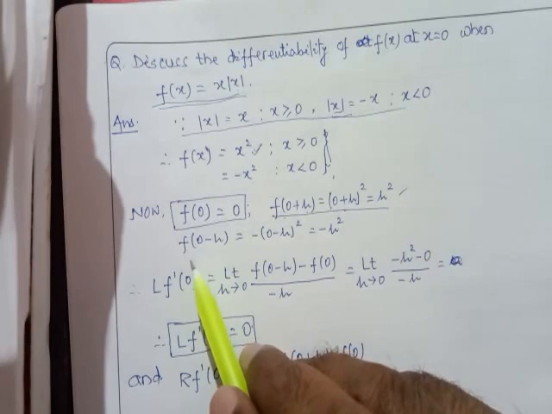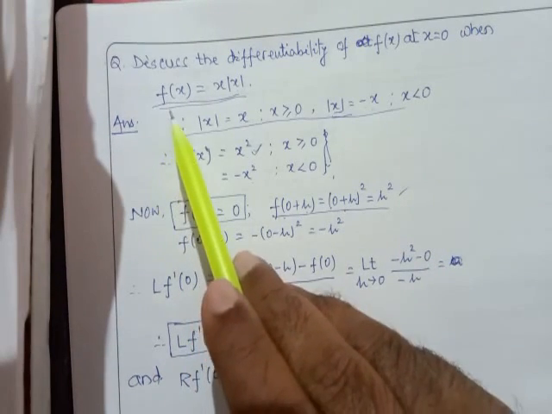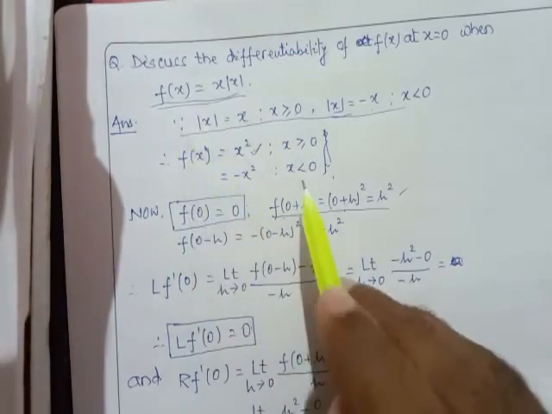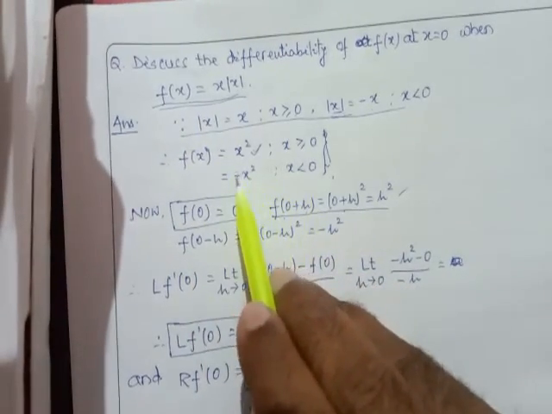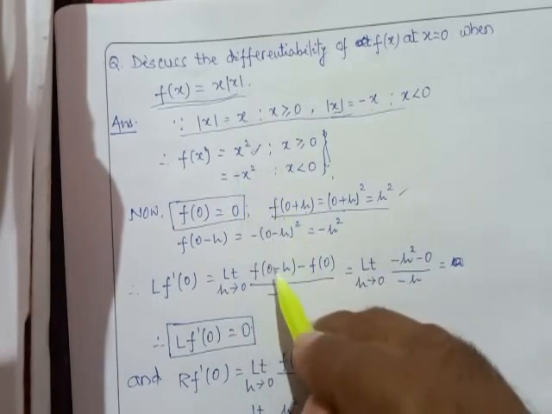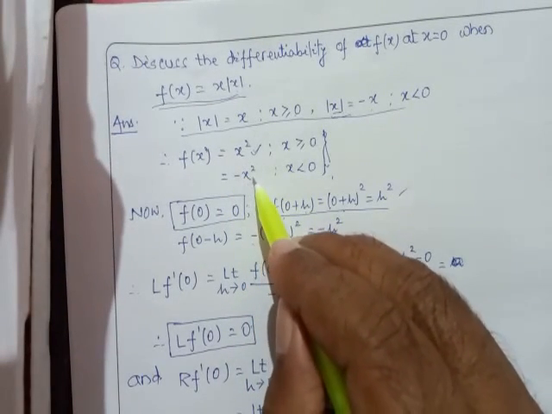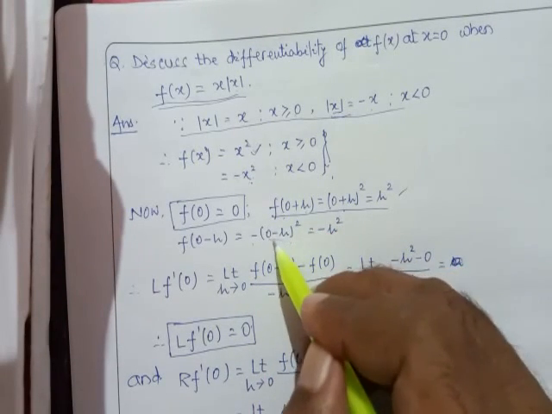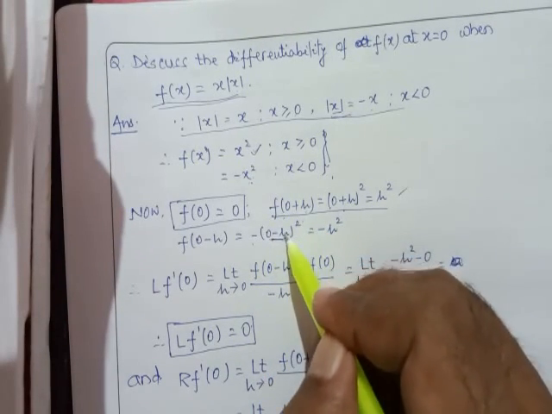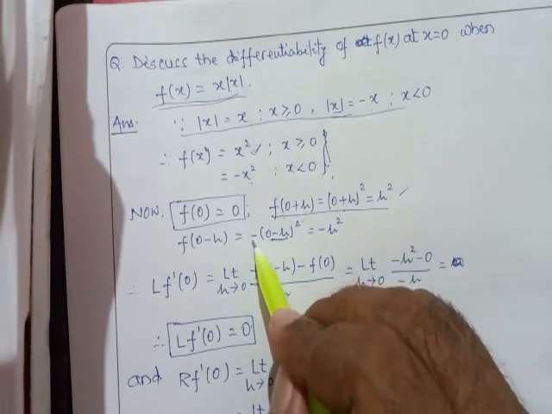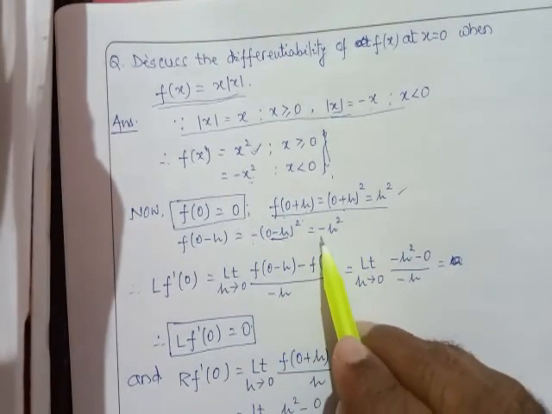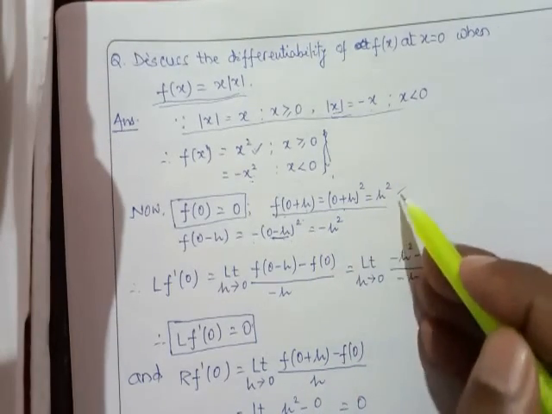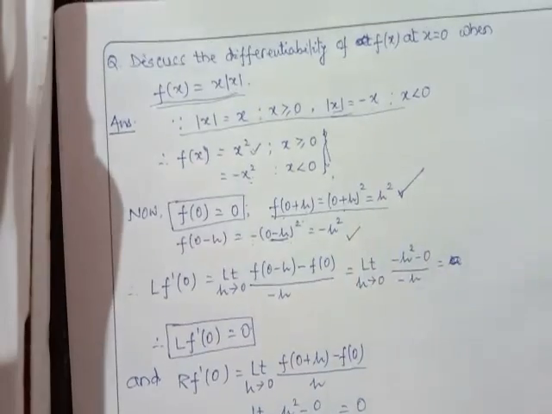And the third one is f(0-h). 0 minus h is less than 0, so the third one is applicable, meaning minus (0-h) whole square. Here it becomes minus (-h) whole square, which is h square, and minus is already here, so it is minus h square. Thus all the three values are obtained.